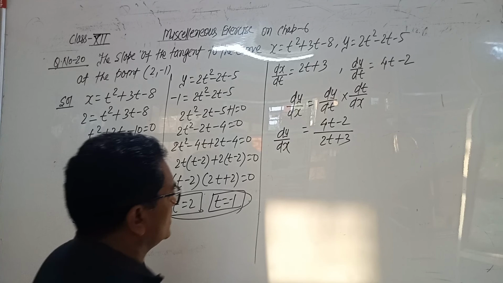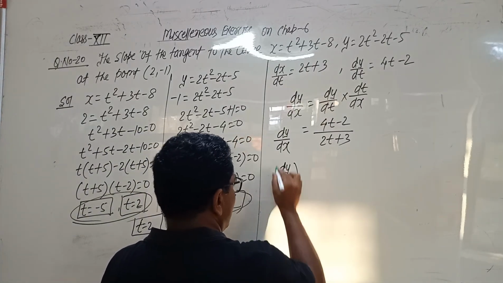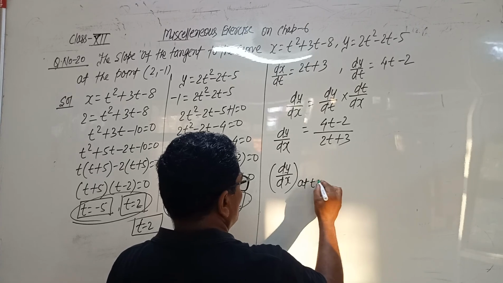Now dy by dx at the given point, at t equals 2.